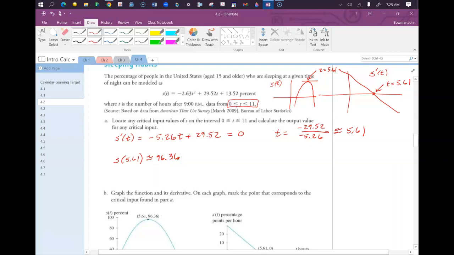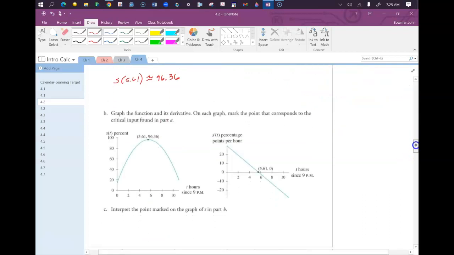So our interpretation of that would be the percentage of people in the U.S. 15 and older that are sleeping at t equal 5.61 hours after 9 p.m. is approximately 96.36%. And again, you can verify by looking at the graph of s of t that we have a relative maximum there, and s prime of t, the derivative goes from positive to negative, so that tells us that s of t is going from increasing to decreasing, so we know we have a relative maximum there.